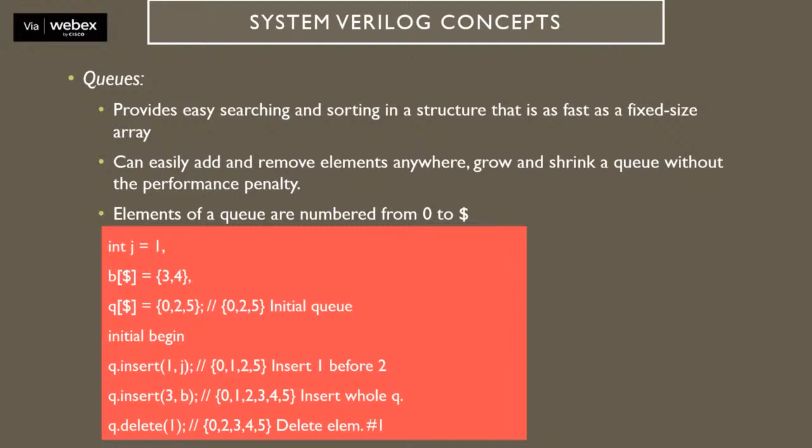Now if you want to insert values in between the queue, when the queue size is too long, it might become a slightly tedious process. But if we eliminate that condition, then adding and removing elements and increasing and decreasing the size of the queues is very easy in System Verilog.